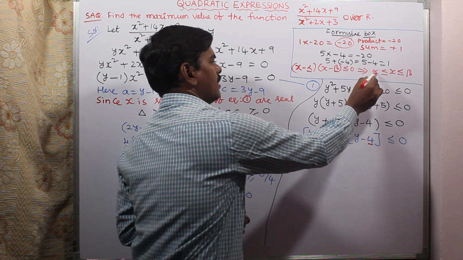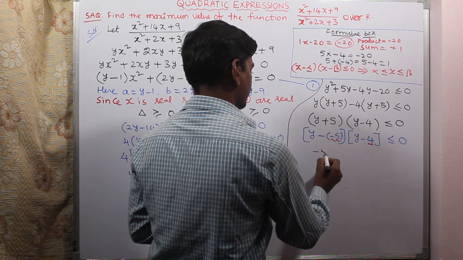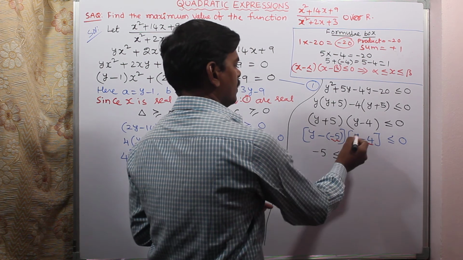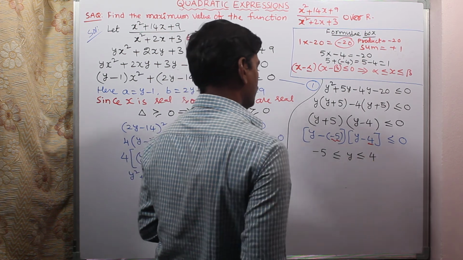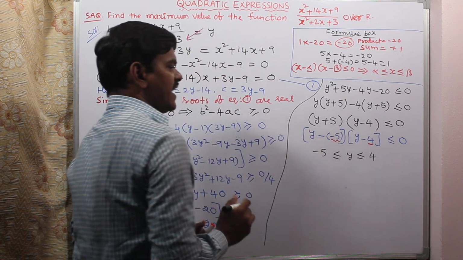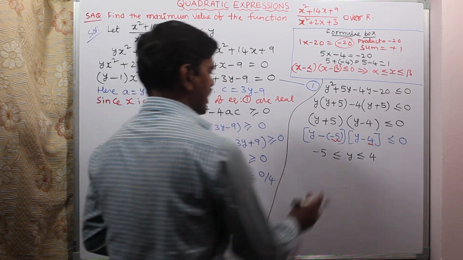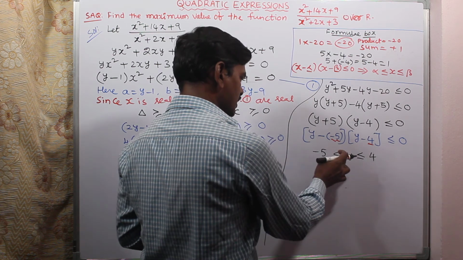So what can I write? Alpha less than or equal to x less than or equal to beta. So minus 5 less than or equal to x. What is x here? y, less than or equal to beta, 4. So it indicates that the y value lies in between minus 5 and 4. Means what?